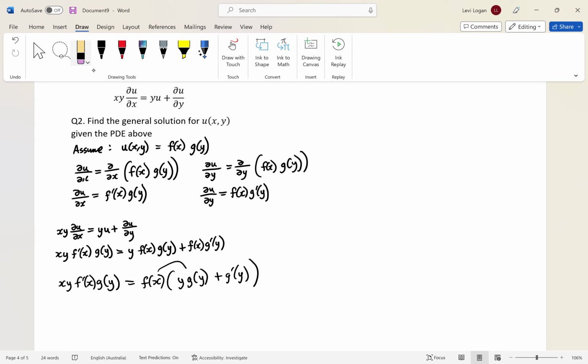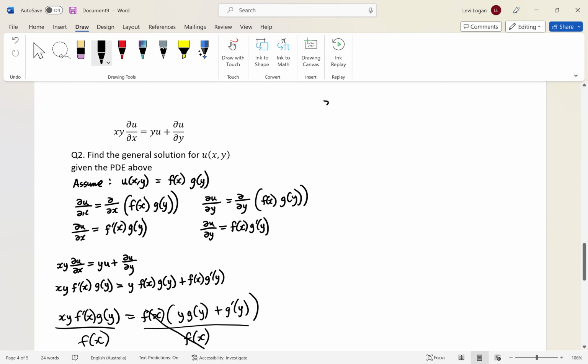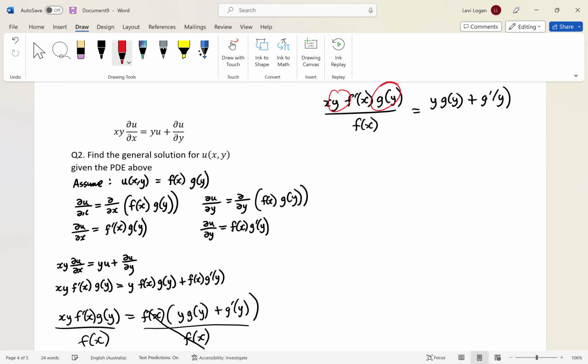Okay? Cool. I'm going to divide both sides by f of x. So that will get rid of that on this side. So moving the stuff up here, we'll have x times y times f prime of x times g of y divided by f of x is equal to y g of y plus g prime of y. Okay? Now we just want to get our y and our g of y onto this side.